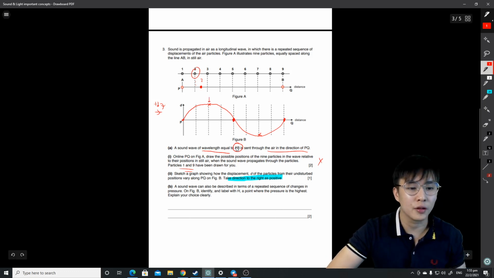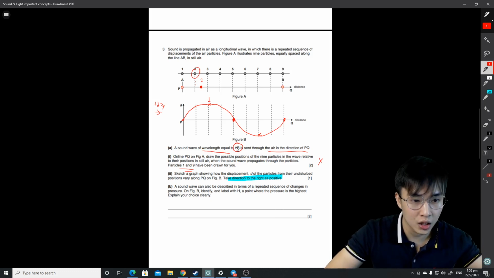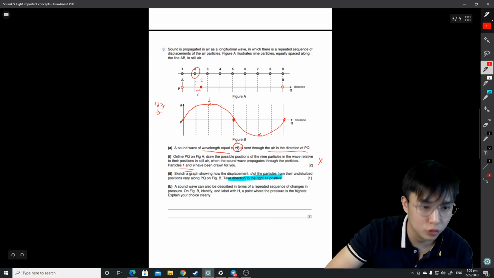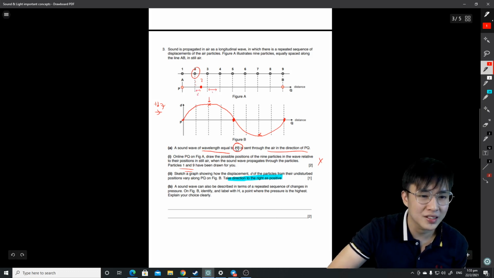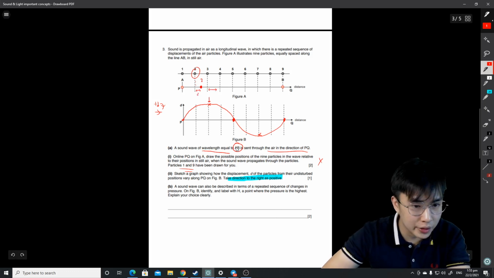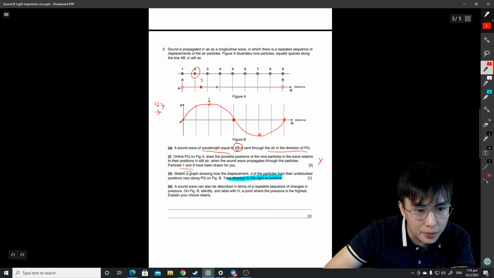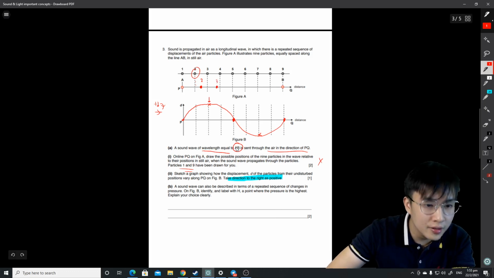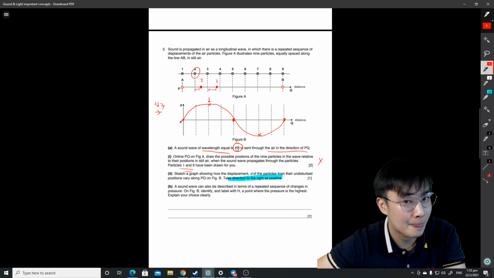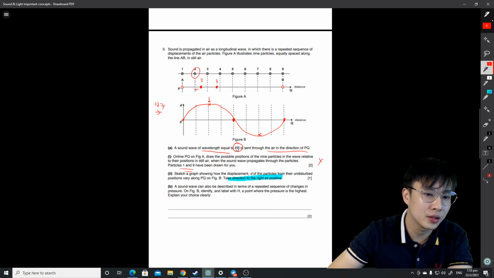Particle 3 is supposed to have highest displacement. So if you consider this is the displacement for 2, the displacement of 3 must be slightly more. So that's exactly what I'm going to do now. I'm going to draw that it's slightly further than 2 from its rest position. So this is 3. Can you see 2 is just a bit off, it's like halfway. 3 I'm trying to draw is further off from its rest position. I hope that was clear, very, very simple. Now look at 4.